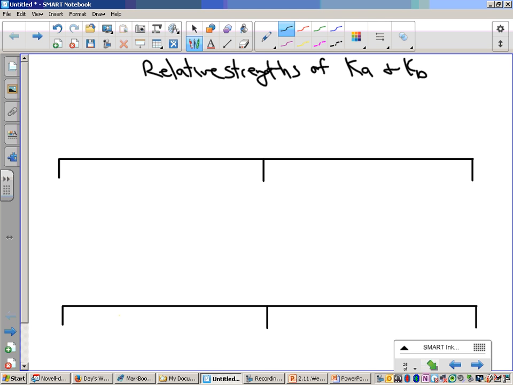On the top scale, I'm going to write Ka values, which means I'm going to be dealing with acids. And on the bottom scale, I'm going to be putting Kb values, which means I'm going to be dealing with bases. Whether they're conjugate bases or just regular bases, it doesn't make any difference.